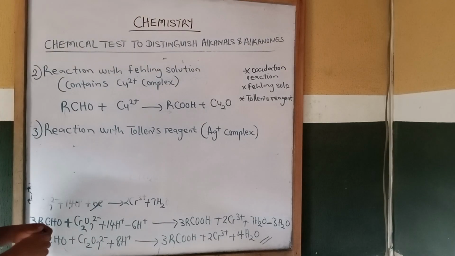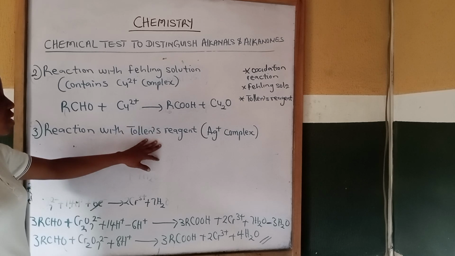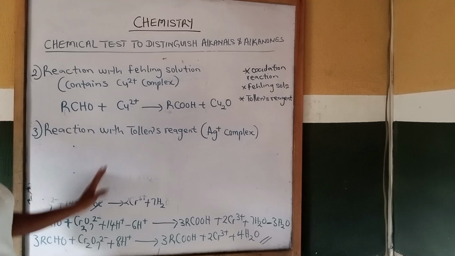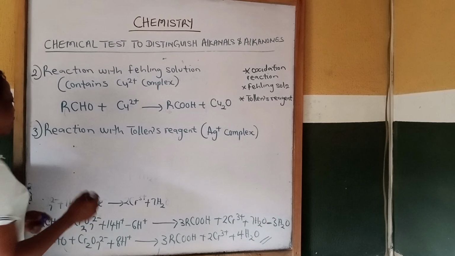So when Tollens reagent is added to alkanal, a silver metal will be deposited on the wall of the test tube.